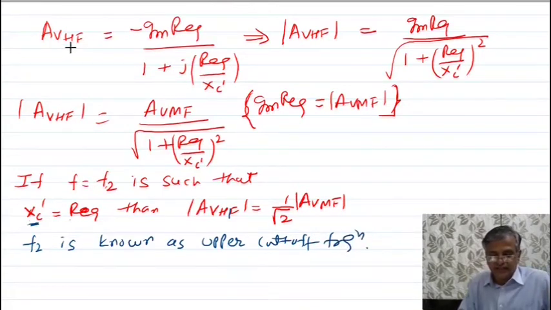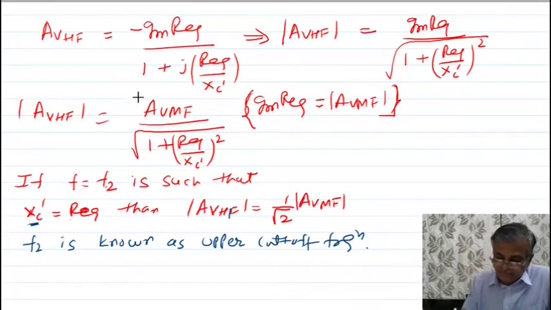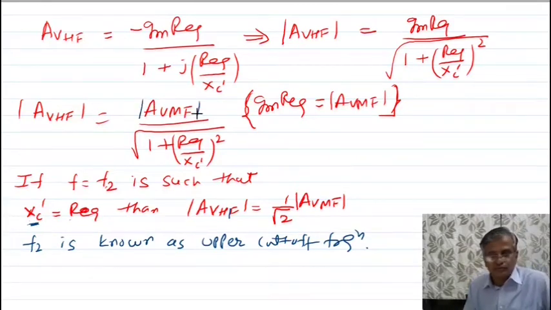Listen again. AVHF is equal to that. This is what you have written. Then I have taken the magnitude, so magnitude, you know this. Now this value is nothing but the AVMF, so instead of this I have kept AVMF. Let me write magnitude.